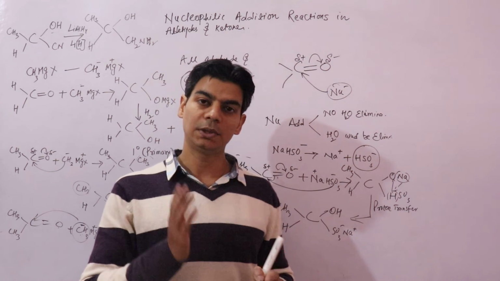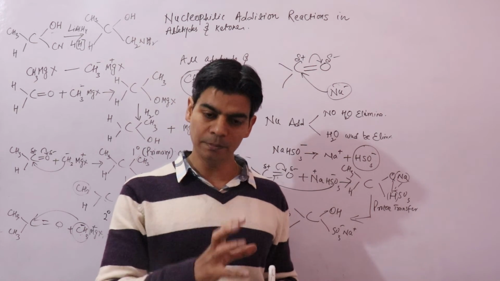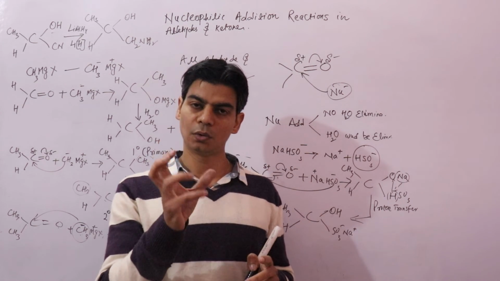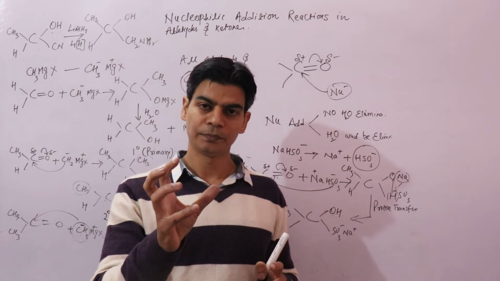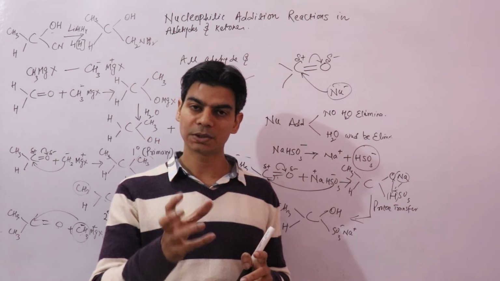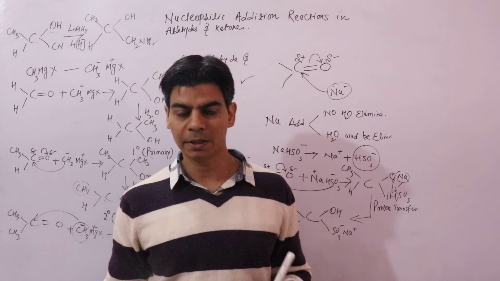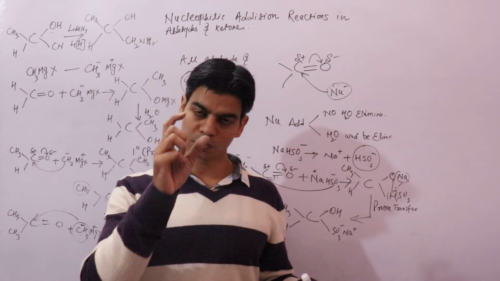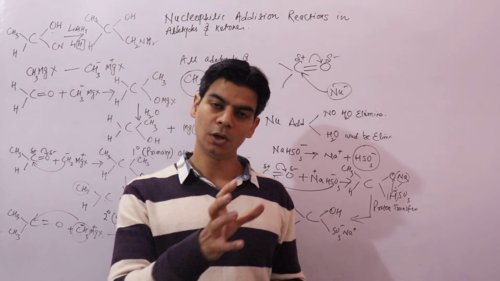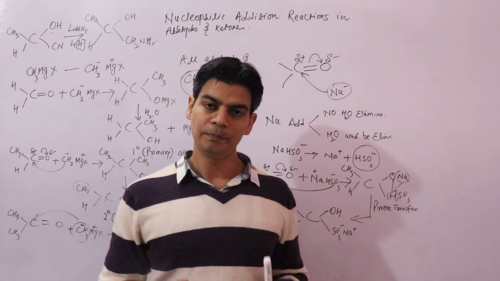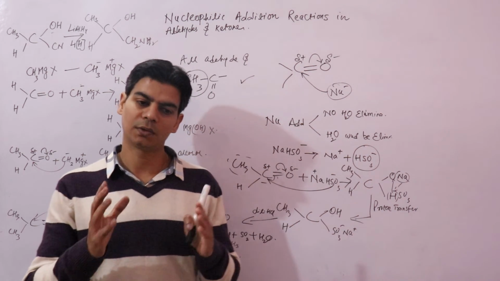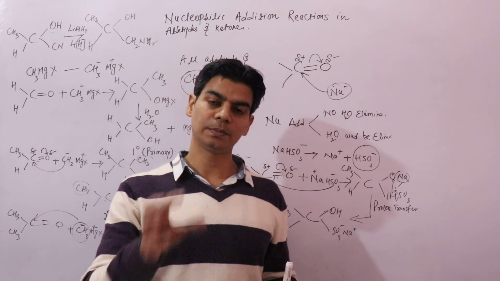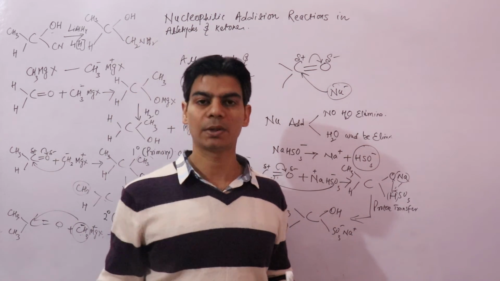Acetals are gem dialkoxy compounds. When we say gem, that means the functional groups are connected to the same carbon atom, like we have gem diols, in which the 2 OH groups are connected to the same carbon atom. So in acetals, gem dialkoxy means the alkoxy group, that is OR, is connected to the same carbon atom.